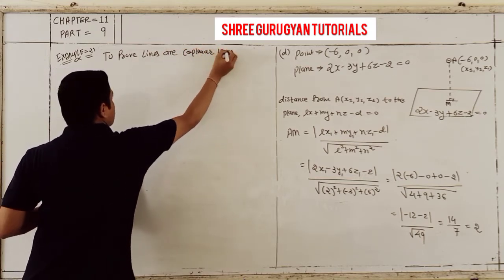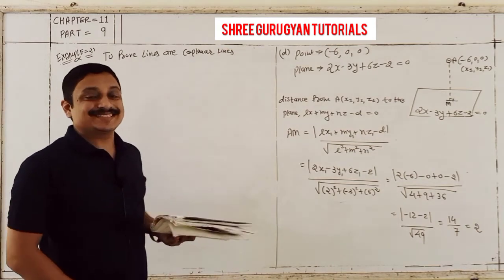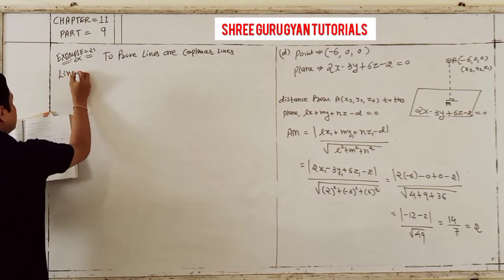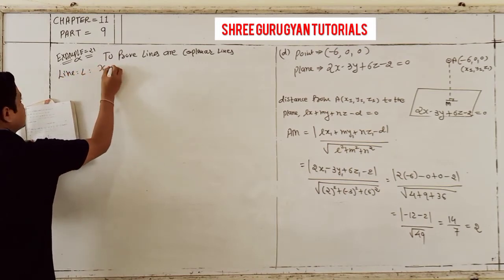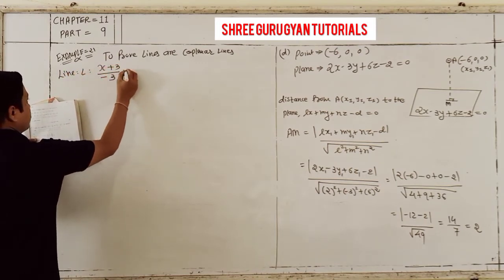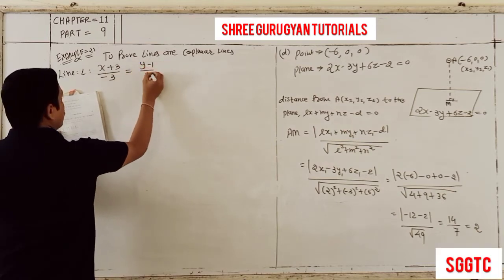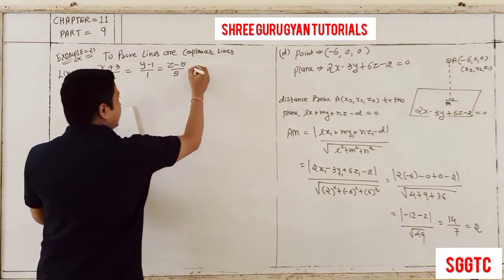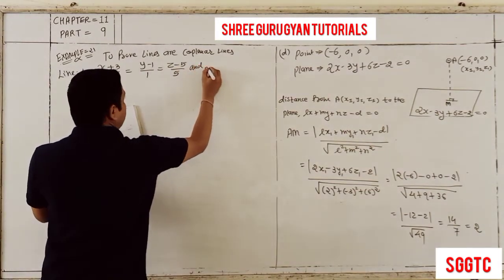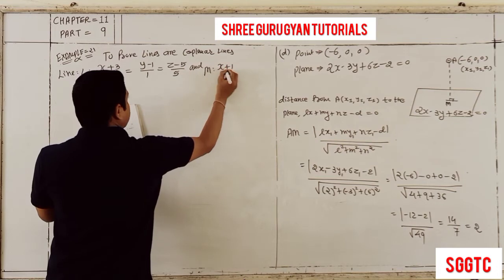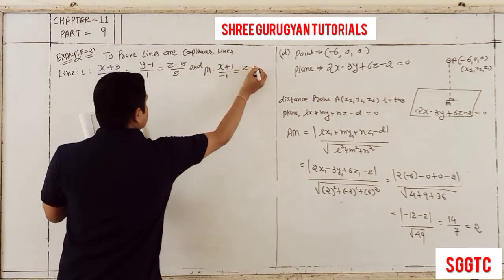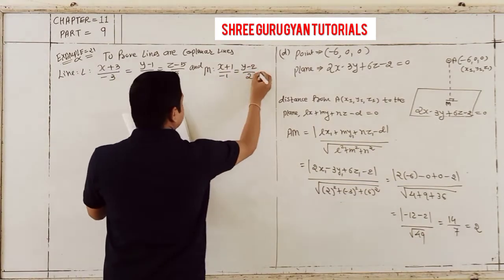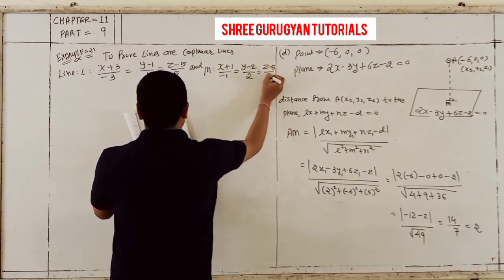Students, coplanar lines means they lie on the same plane, and the lines given: first, line L, (x plus 3) by minus 3, (y minus 1) by 1, (z minus 5) by 5, and second line M, (x plus 1) by minus 1, (y minus 2) by 2 and (z minus 5) by 5.